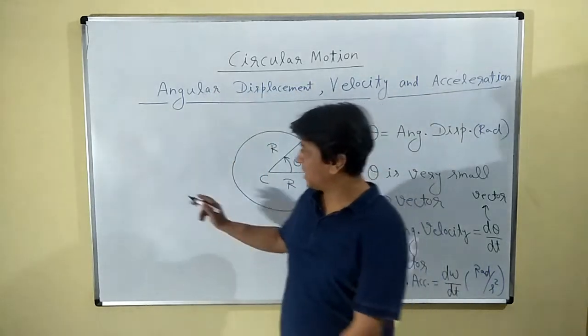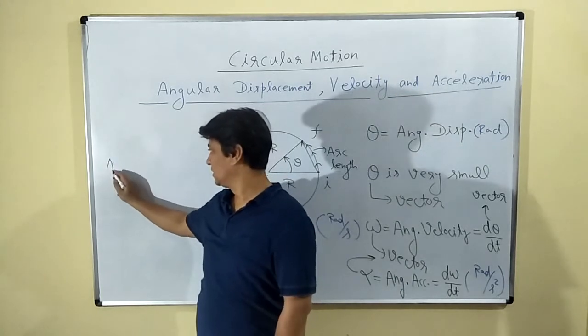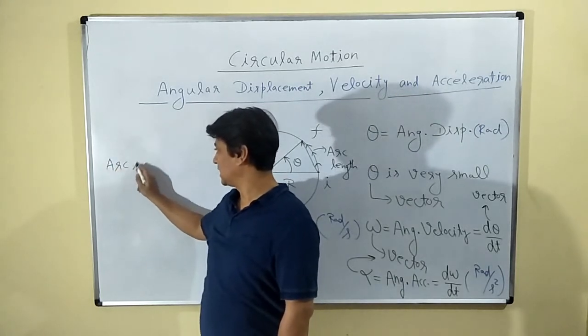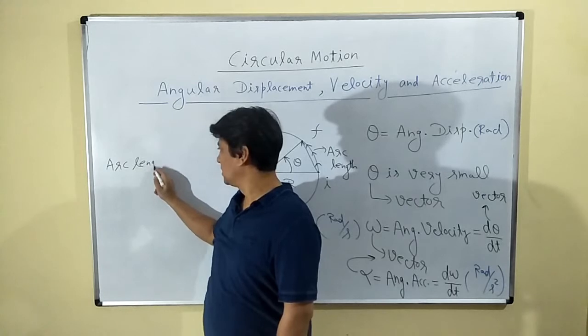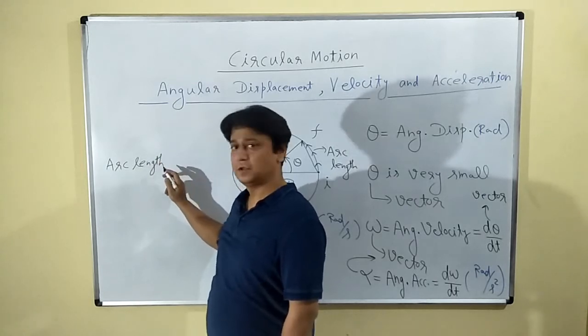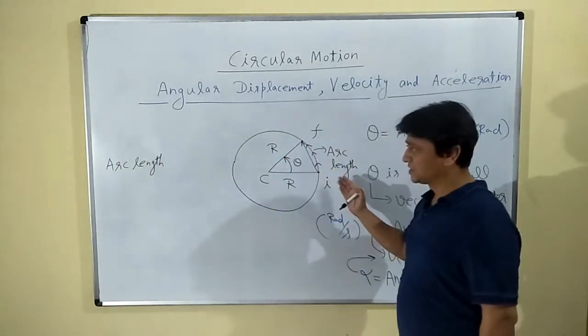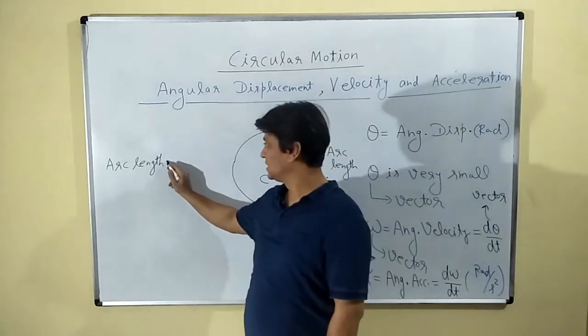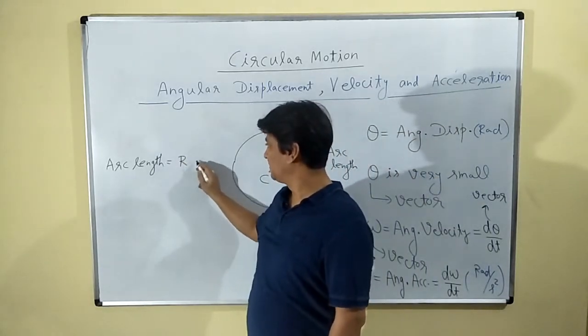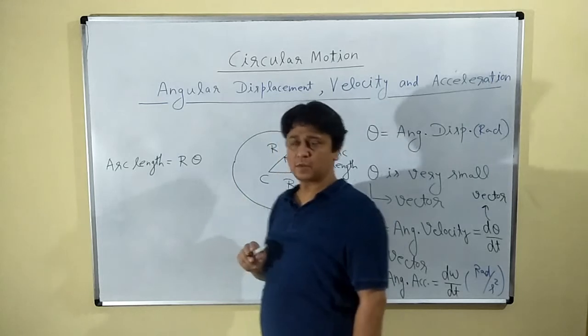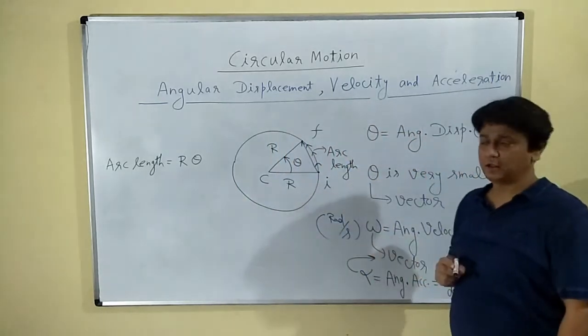And we have defined arc length like this. Arc length, which in this case is nothing but distance, is defined in this form, r theta.